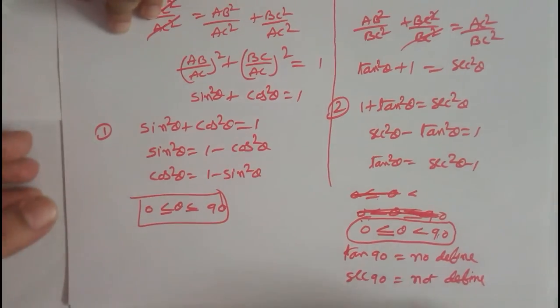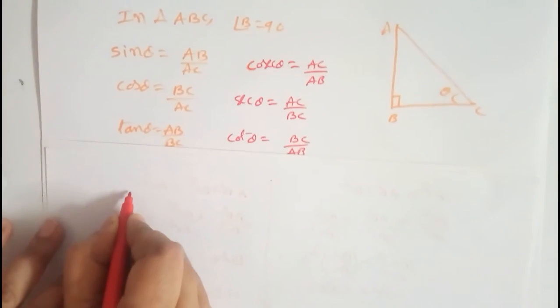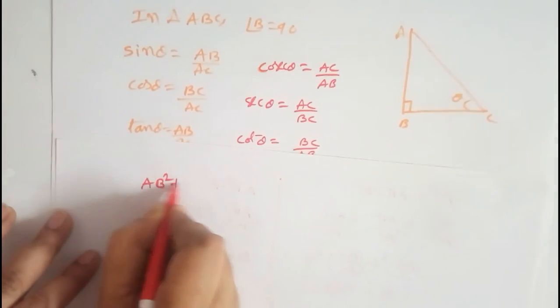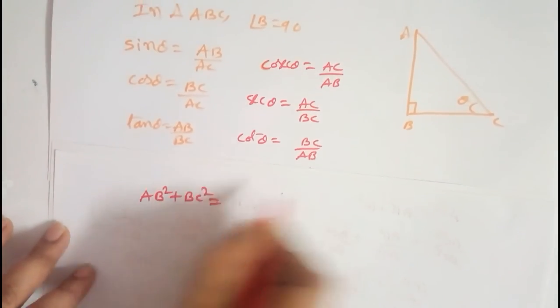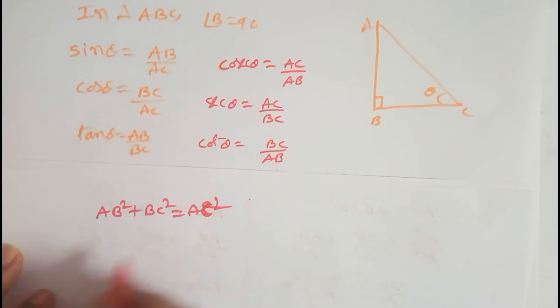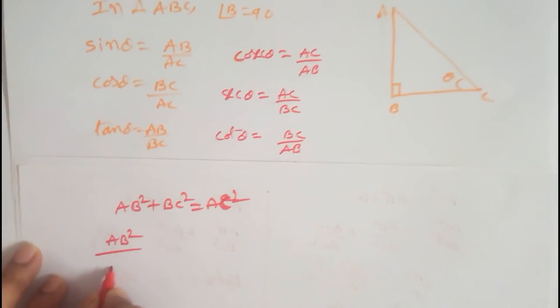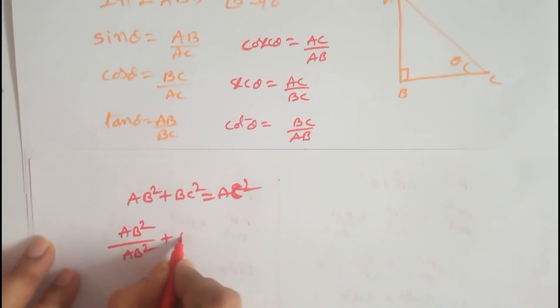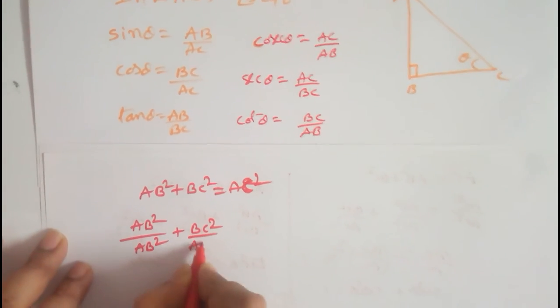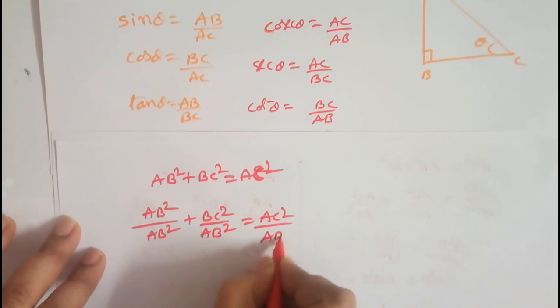Now consider the Pythagoras identity one more time. So what is that identity? AB square plus BC square is equal to AC square. Now divide throughout the equation with AB square. That is AB square by AB square plus BC square by AB square is equal to AC square by AB square.